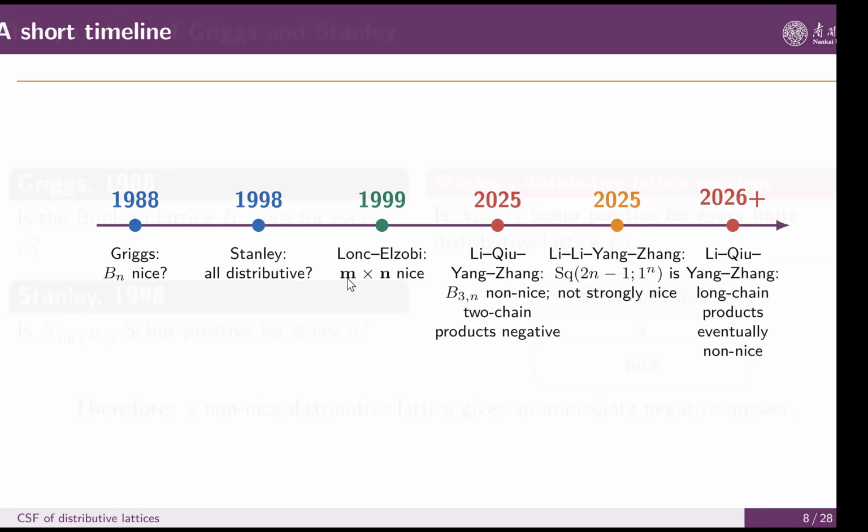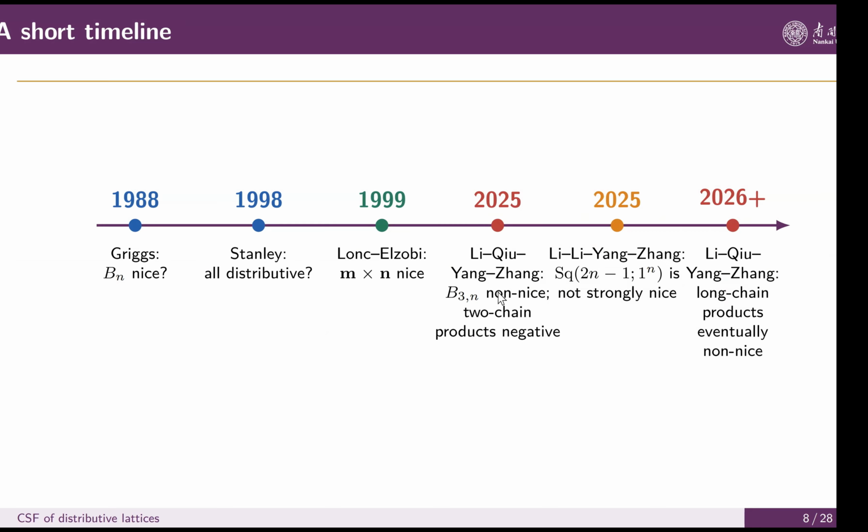After the question came up, in 1999 Long and Elzoby proved that any product of two chains, m times n, is nice. So it's nice, but not necessarily Schur positive.